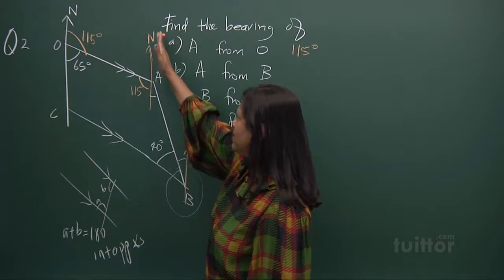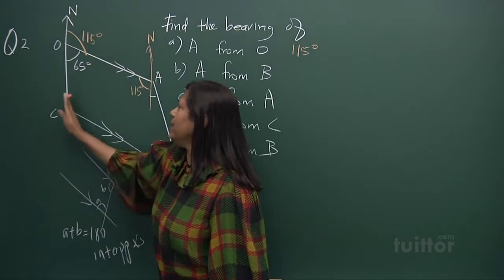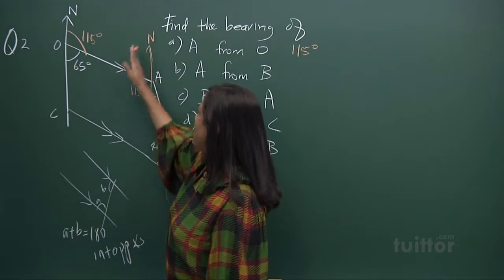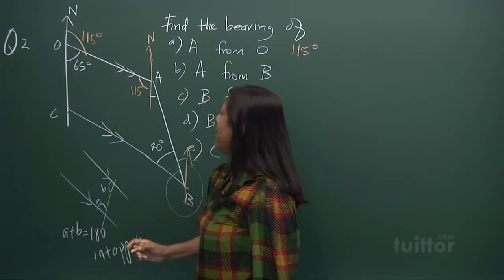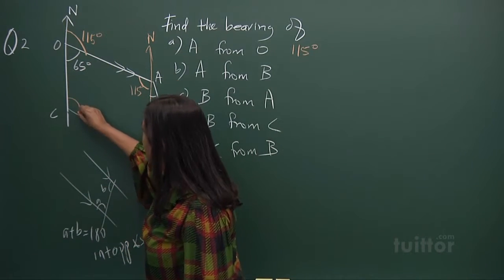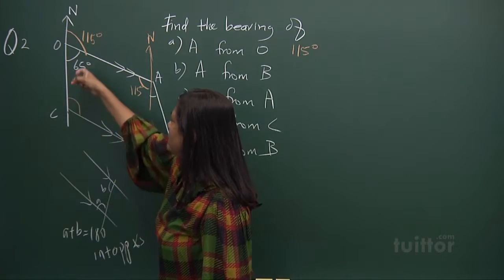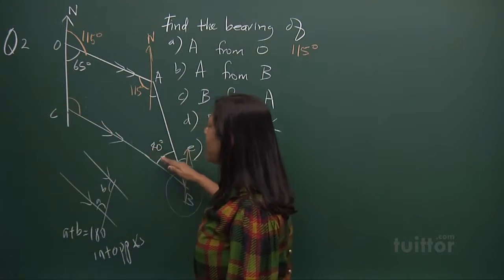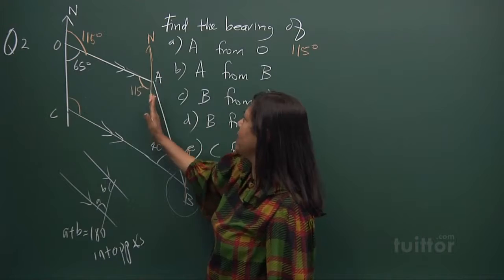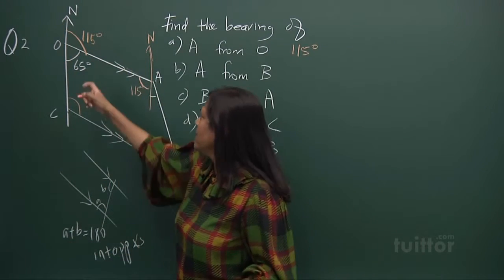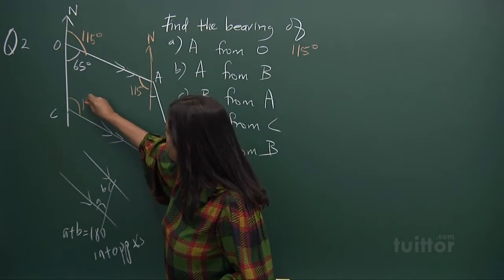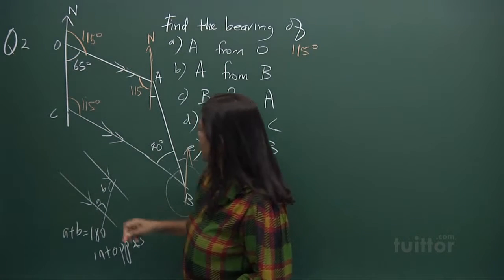Okay, so because these two lines are parallel, and because north and north, these two lines are parallel, right? So we can find out what this angle is again. These two angles, because we have two sets of parallel lines. Here's one set, this is another one. North and north, same direction. So this is 115 degrees.